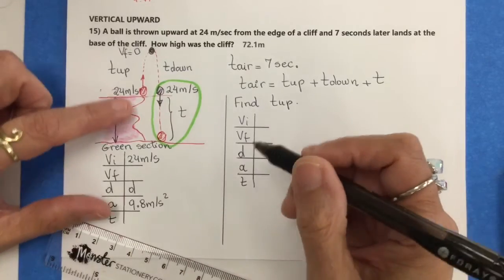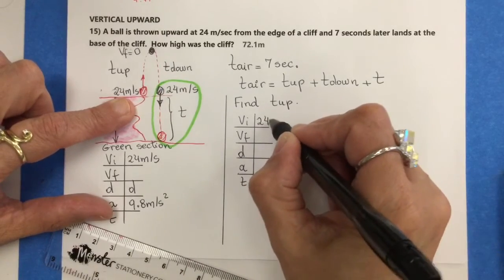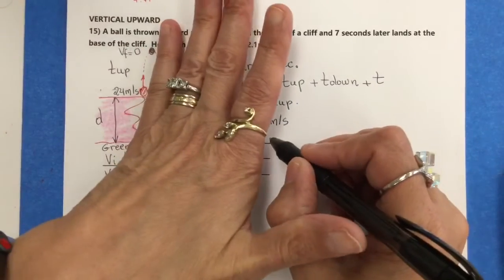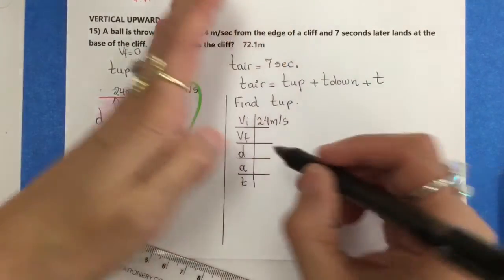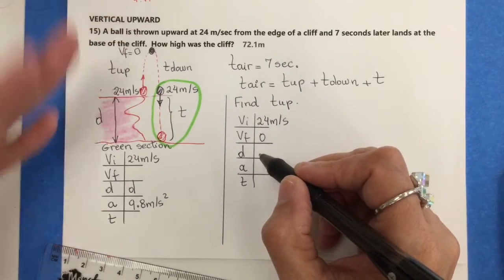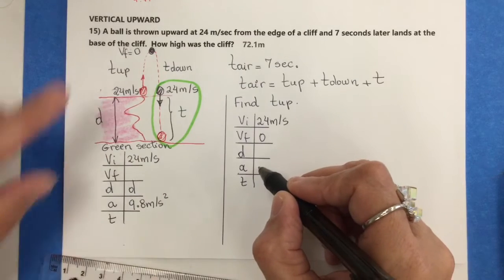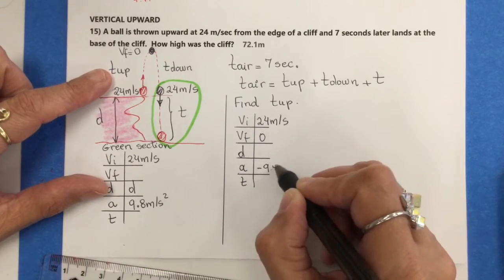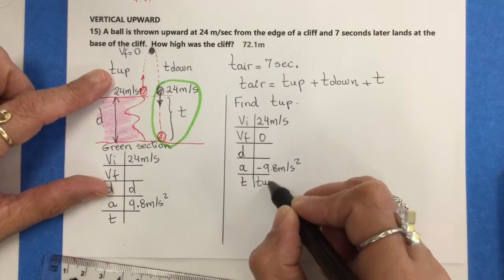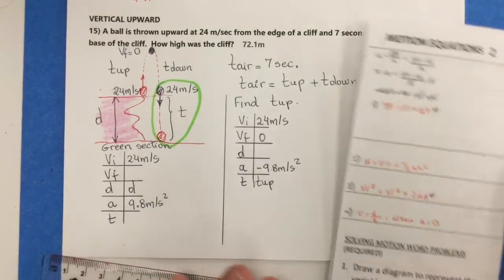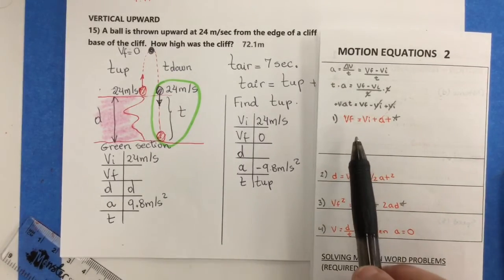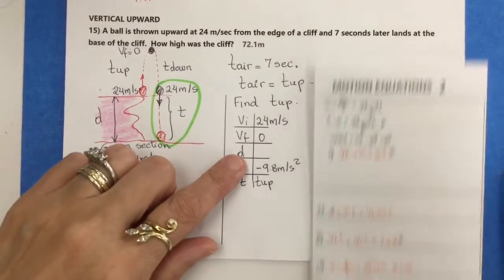So our VI is 24 meters per second. Our VF going up is 0. Right here is 0. We don't know anything about the distance, how high it went. The acceleration is negative because it's decelerating. And we need to find this time up. So now we're going to look at our equations, and probably our best option will be equation 1.